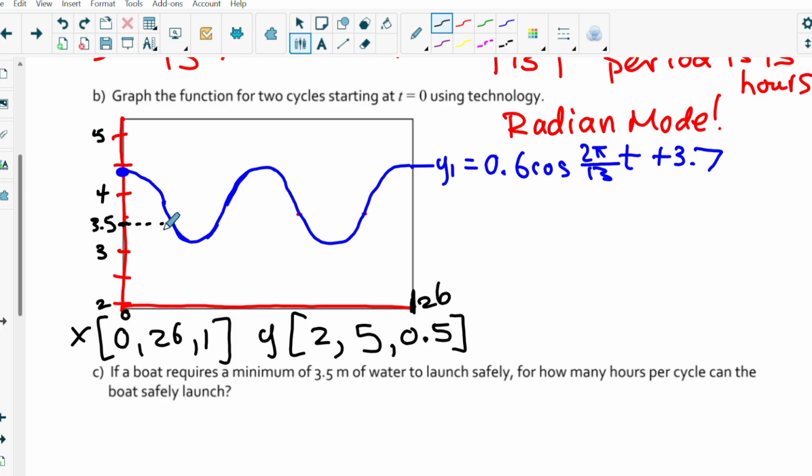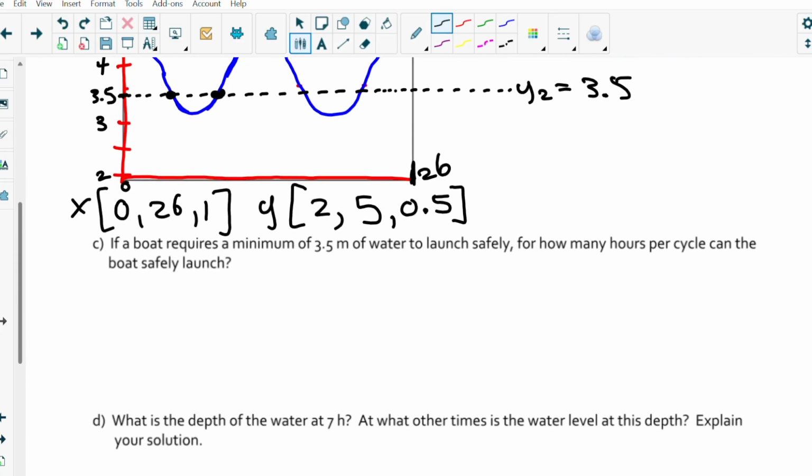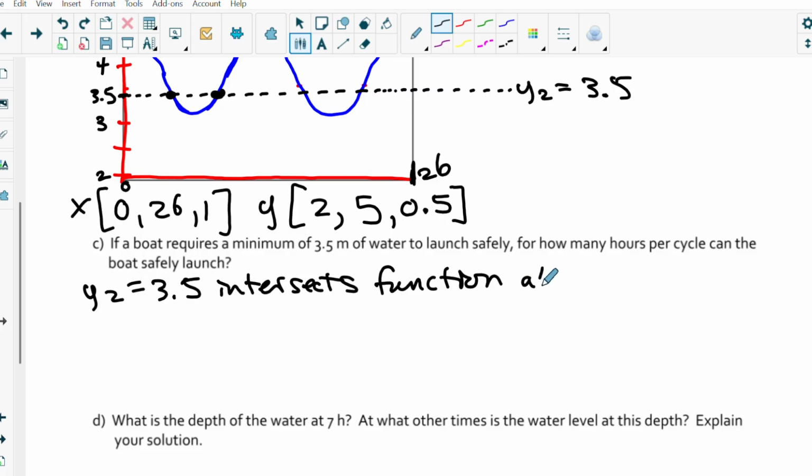So if I graph y2 equals 3.5, let's look at these key intersection points. y2 equals 3.5 intersects the function at, and you can do this through your calculator, 3.95 comma 3.5 and 9.04 comma 3.5. So these are the two intersection points.